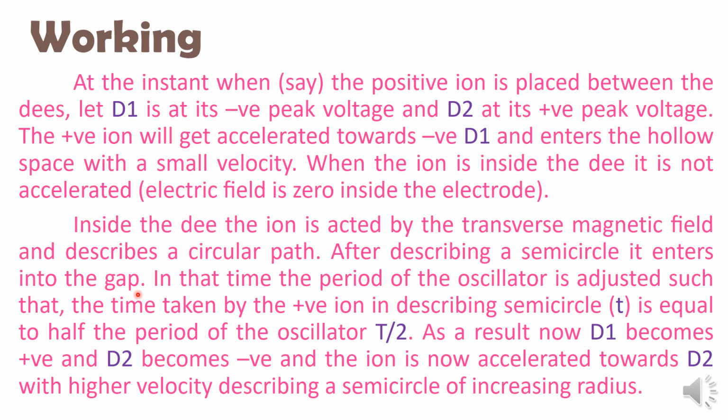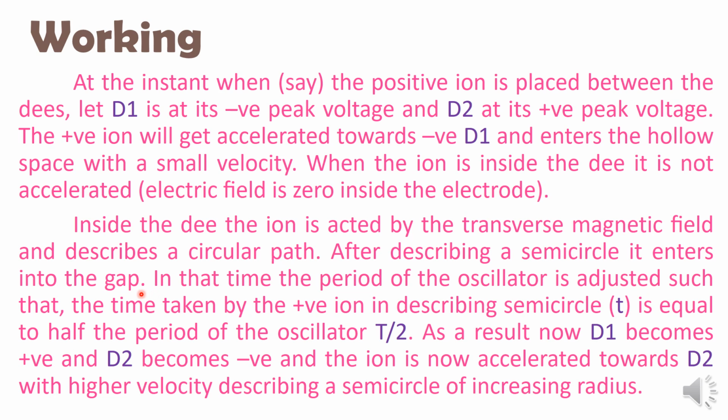Now, in order to increase the velocity of the particle, we have to make an arrangement such that as soon as the particle enters the gap for the second time, the frequency of the oscillator should be such that the reversal of the polarity of the electrodes takes place.